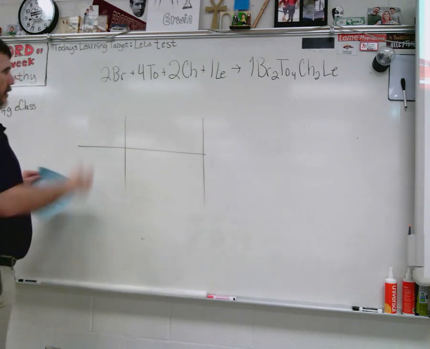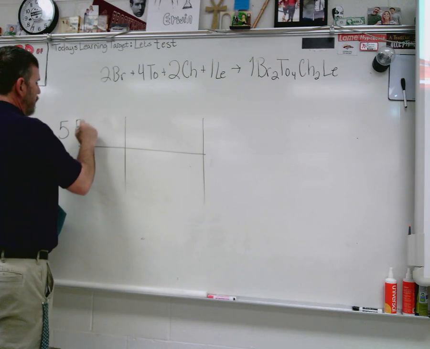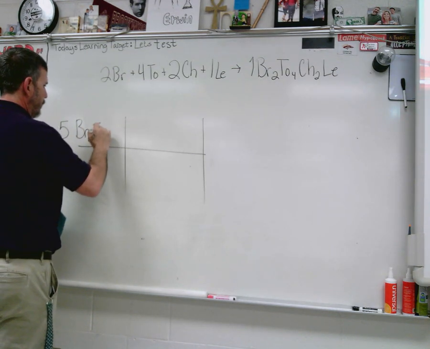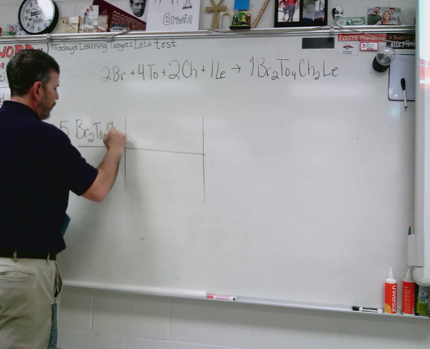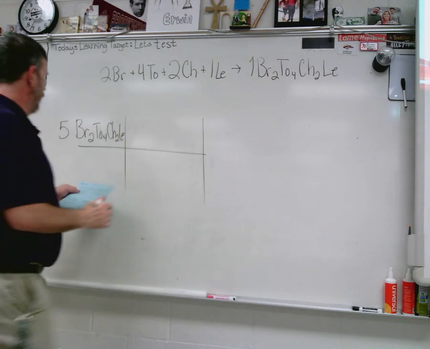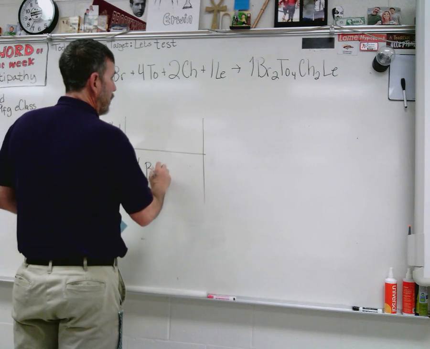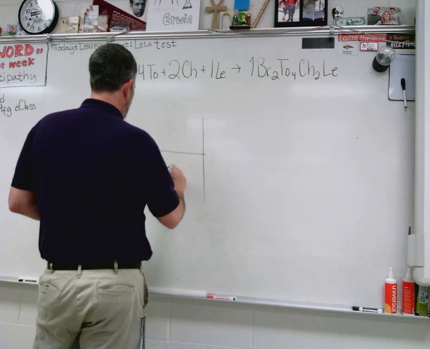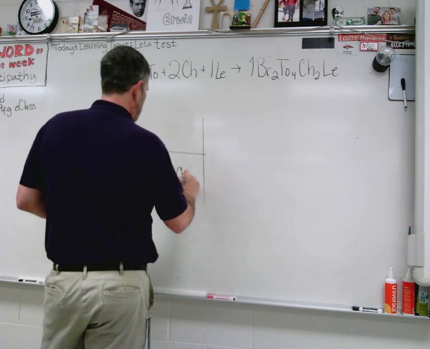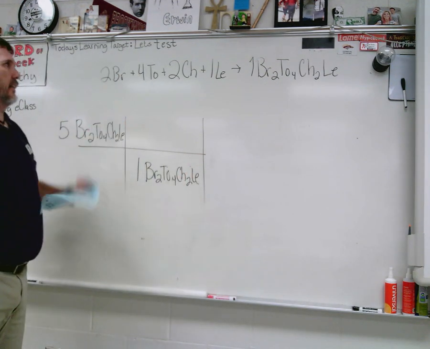So if I need 5 BR2TO4CH2LE, and I know that for every 1 BR2TO4CH2LE, I need how many of each?